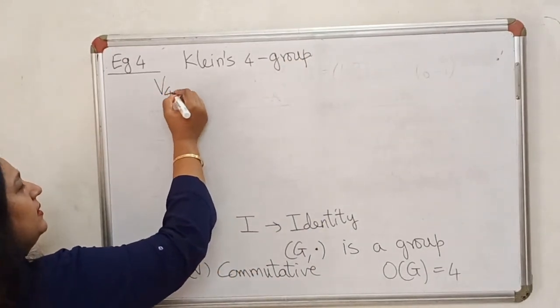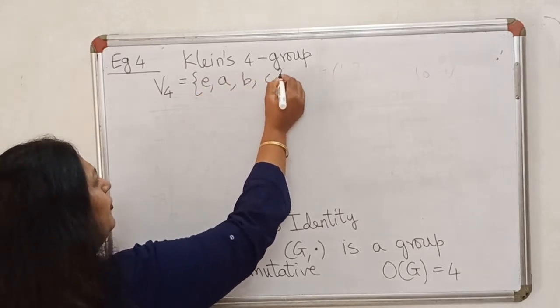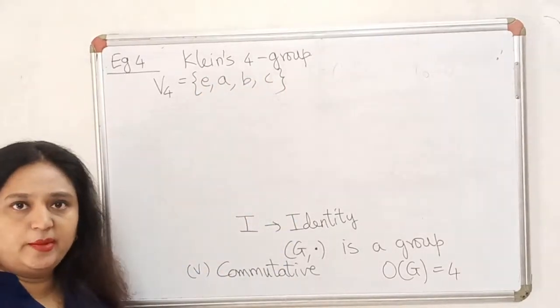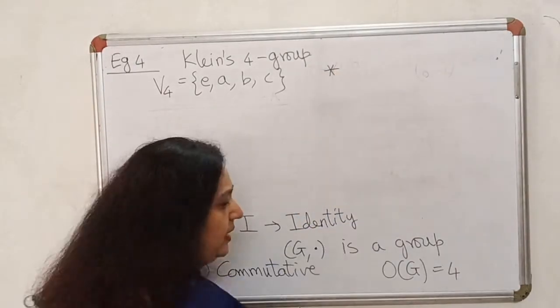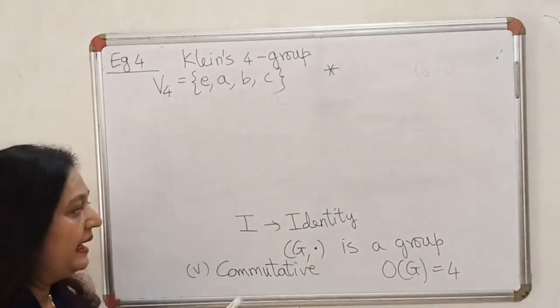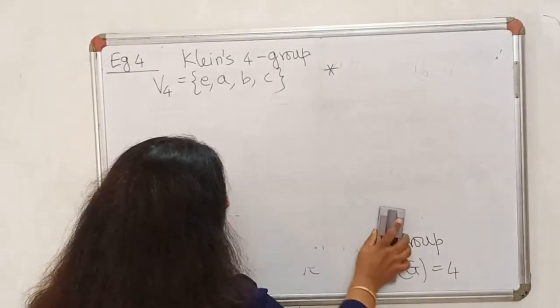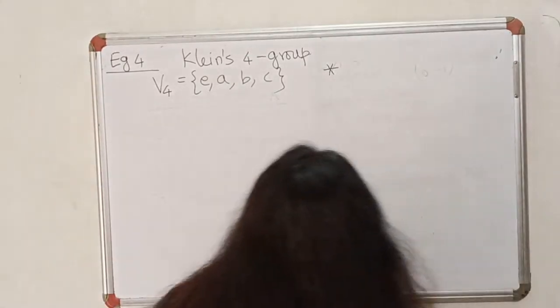This set consists of 4 elements denoted by E, A, B, C, and star is an operation on this set for which, directly the formula is not given, but the composition table is given to us.